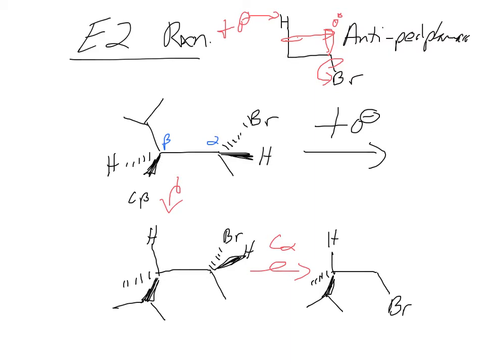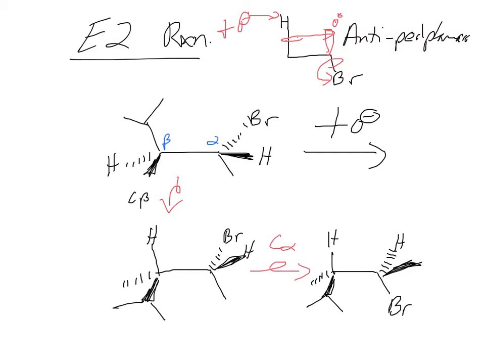If we bring this bromine down, the H is then going away from us, which means the methyl is now coming at us. And now we're lined up, anti-periplanar.